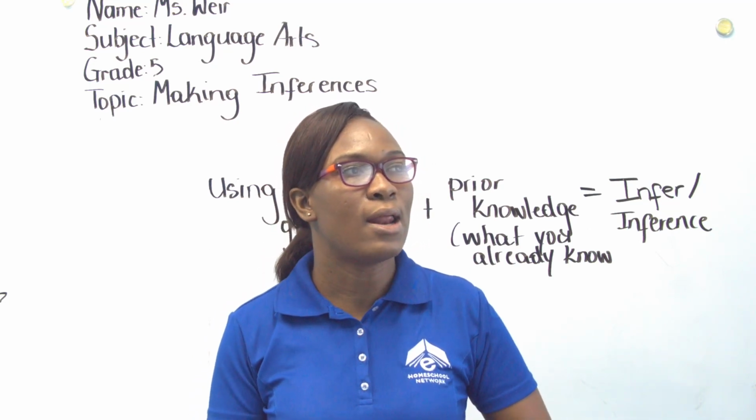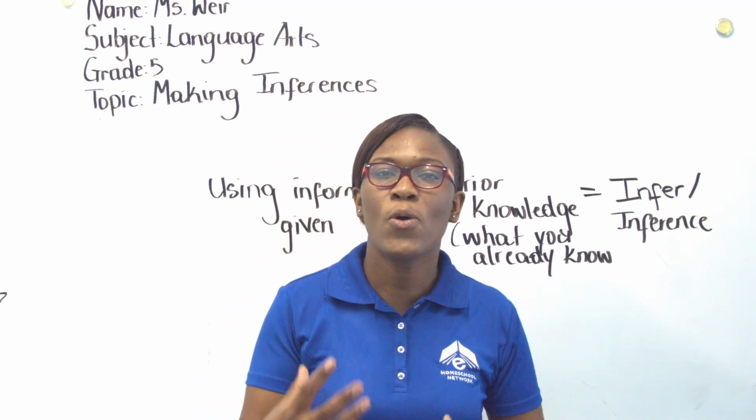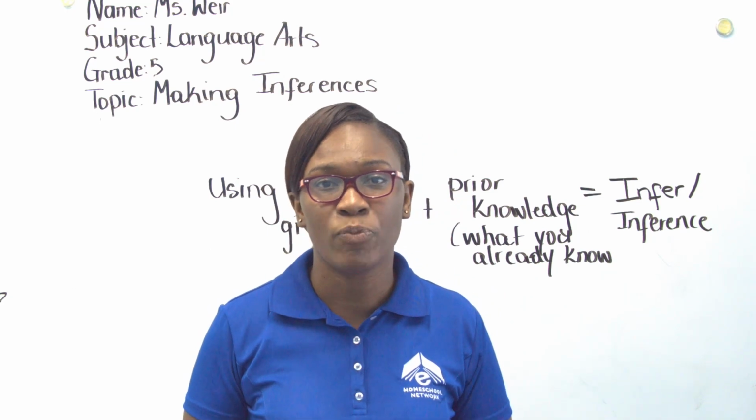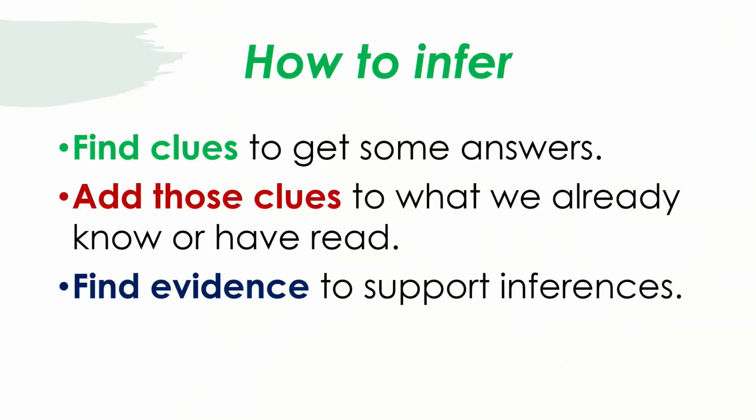Let's continue and learn a little bit more about the whole process of inferencing. Now, there are some steps that you have to follow to help you when you're inferring. So I want you, boys and girls, to find clues to get some answers. Find some clues from the information that is given to you.